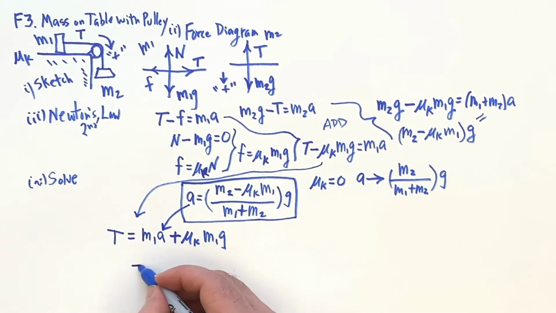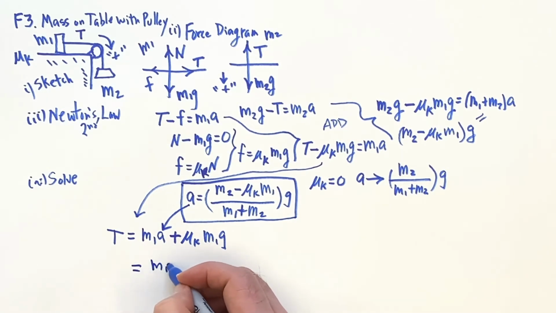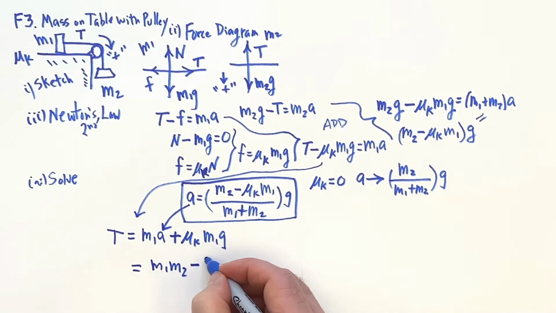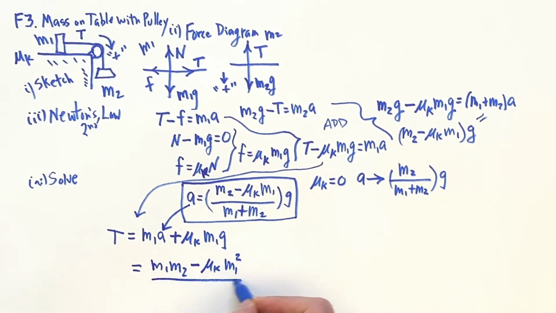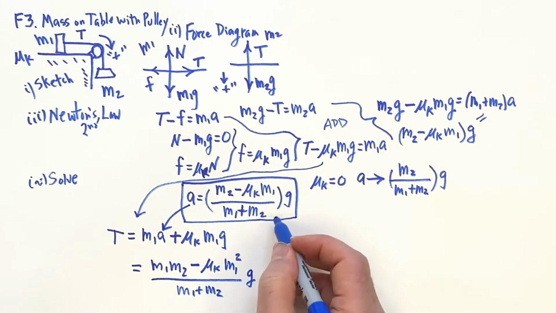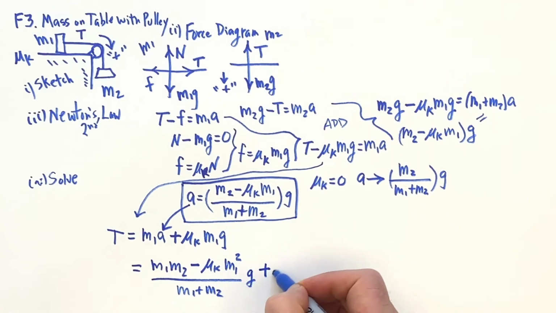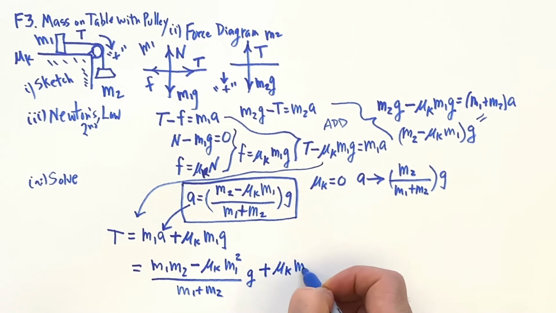So if we do that, we get M1 times M2 minus mu K M1, and that's all over the sum, and that's going to be times G, and then I have plus mu K M1G.